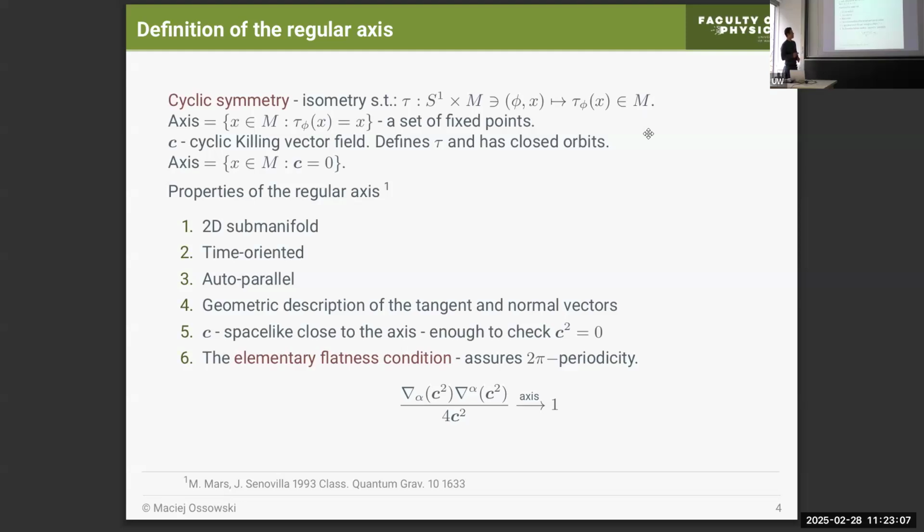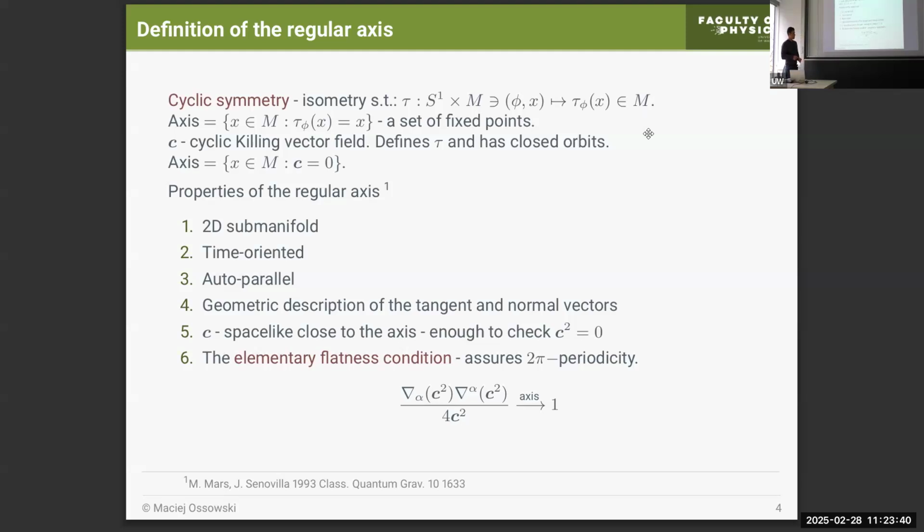So instead of speaking about the Killing vector field itself, we just look at the norm and look for points where this is 0. The second condition is the so-called elementary flatness condition, which assures us that this cyclic Killing vector field is 2π periodic. That is the condition that we need for the axis to be regular.